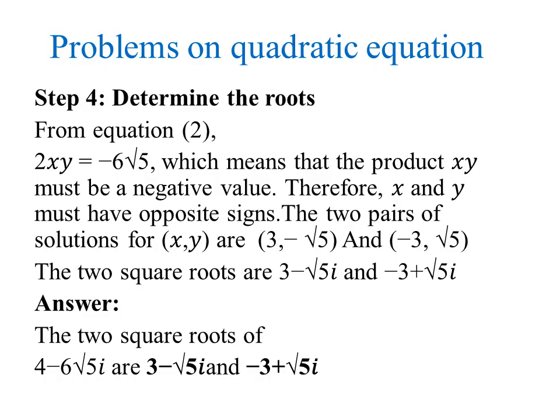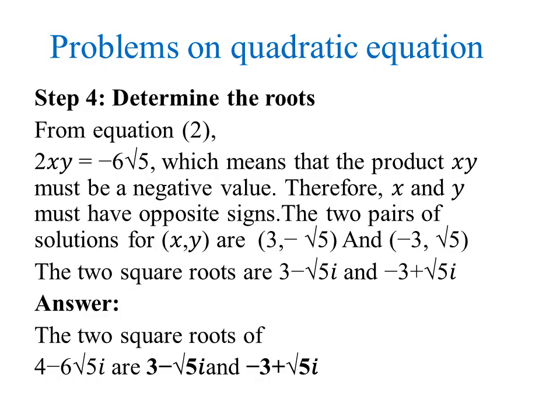In step 4, we determine the roots. From the equation 2xy is equal to minus 6 root 5, the product xy must be a negative value. Therefore, x and y must have opposite signs. Therefore, the two pairs of solutions for x comma y are 3 comma minus root 5 and minus 3 comma root 5.